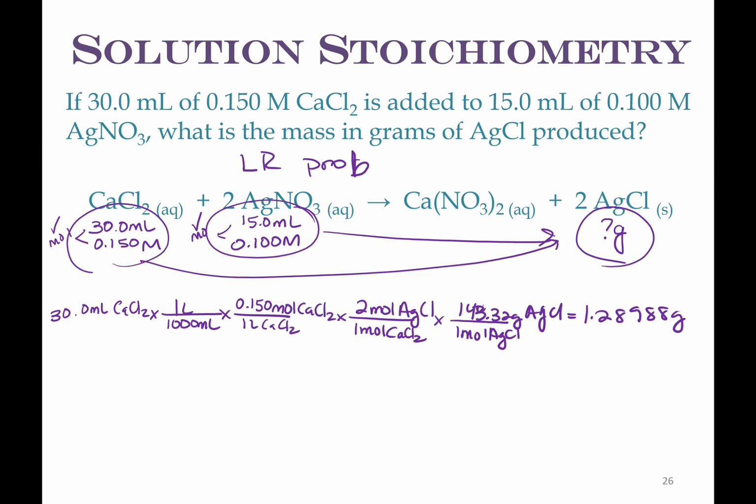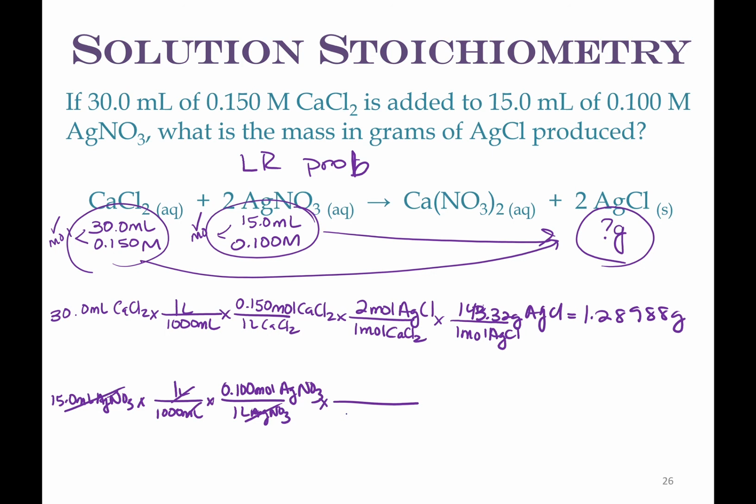Starting with the silver nitrate, we have 15 milliliters. There are 1,000 milliliters in 1 liter. So we have for every 1 liter of silver nitrate, 0.100 moles of silver nitrate. Now we do the mole ratio.